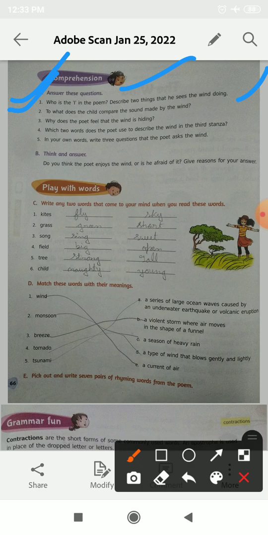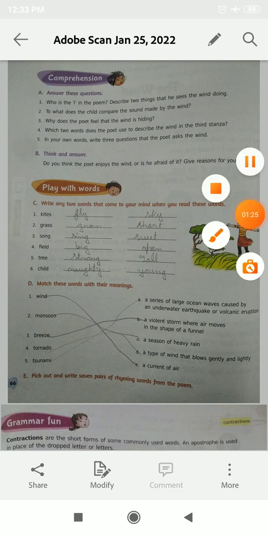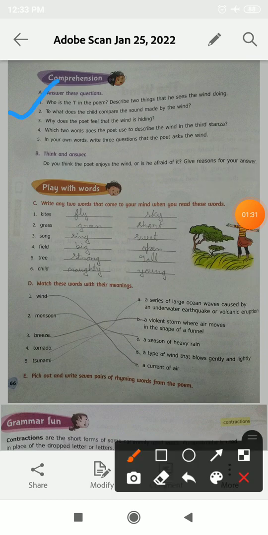Okay, now the next question, question number 2: to what does the child compare the sound made by the wind?